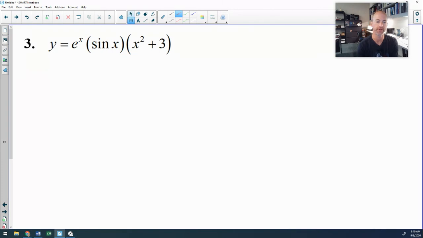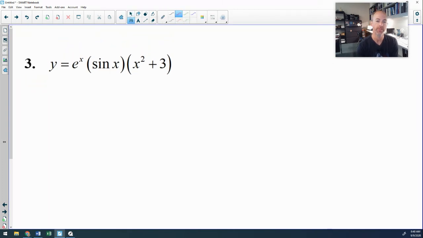And so looking at this function, what you can actually do is expand your product rule approach to include three functions instead of just two. So my original product rule is if y is f times g, then the derivative is f prime g plus f g prime, where you just do the derivative of one piece, leave the other alone, and then you flip it around and add the two pieces together.